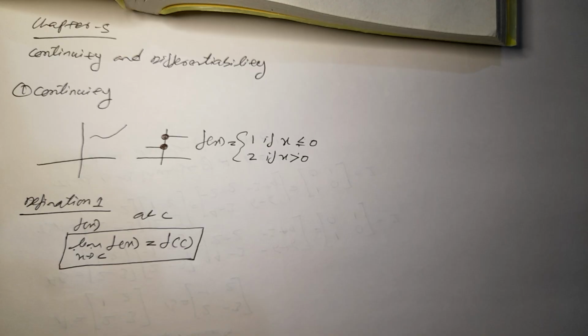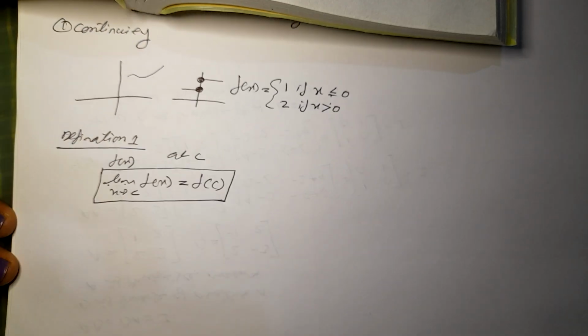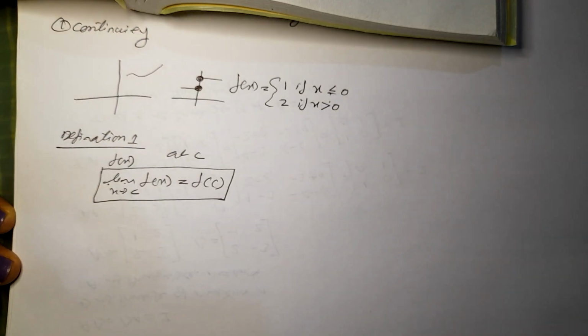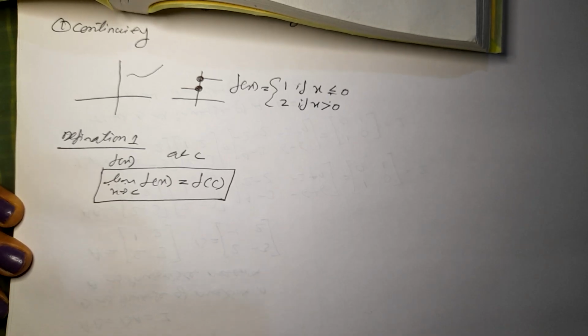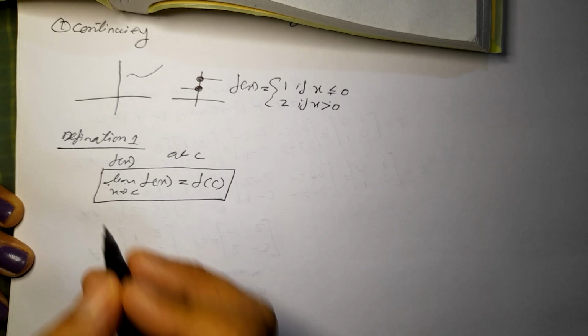Here in definition 1 we take only the point c. Here we take every point, including the end points.